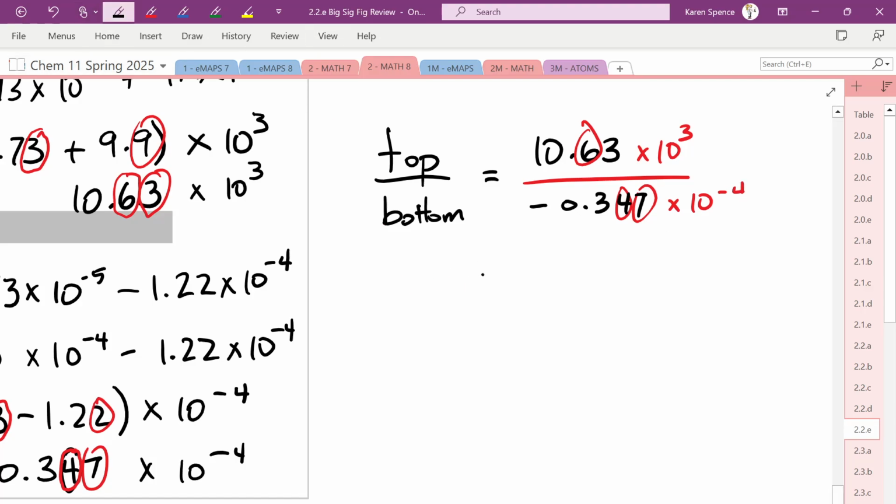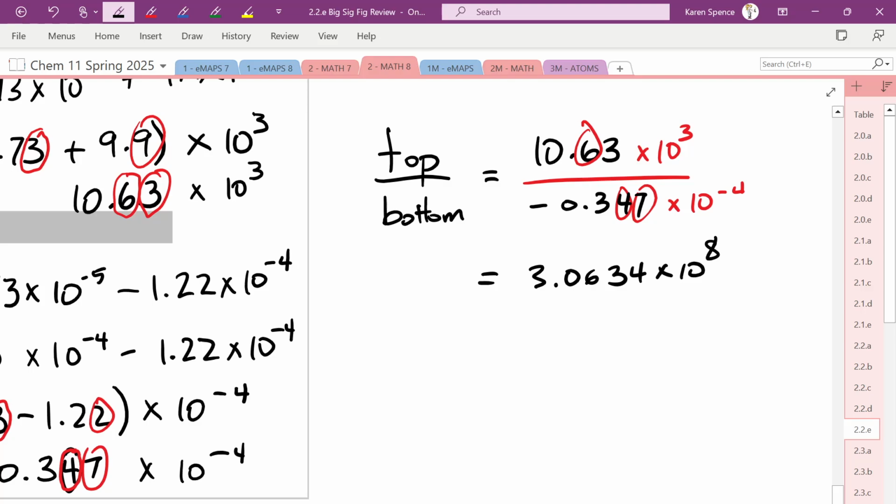And when we throw that in the calculator, 10.63 E3 divided by negative 0.347 E negative 4 is, oh, good God. Okay, it's like a huge number. So it is 3.0634 times 10 to the 368.